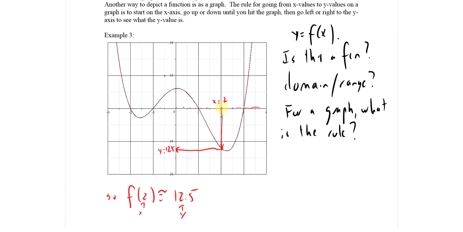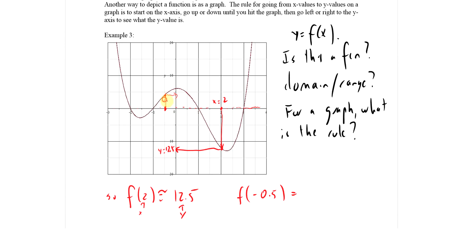How do I read a graph? You start on the x-axis, you go over to your y-axis. So what about, say, f of minus 0.5? What y value do we get out there? Well, there's my x, minus 0.5. Go up to the graph, and then I go over to the y-axis.